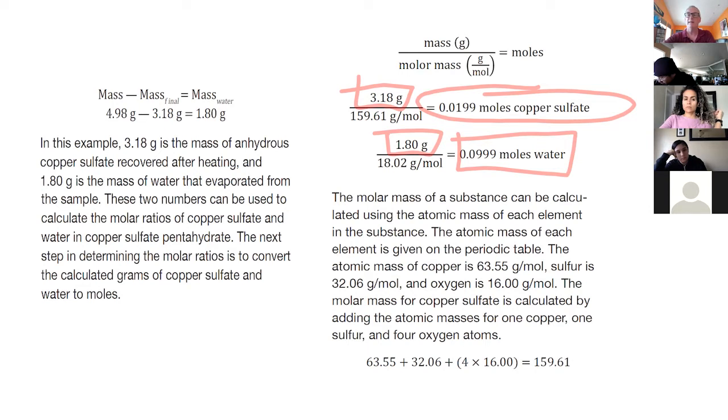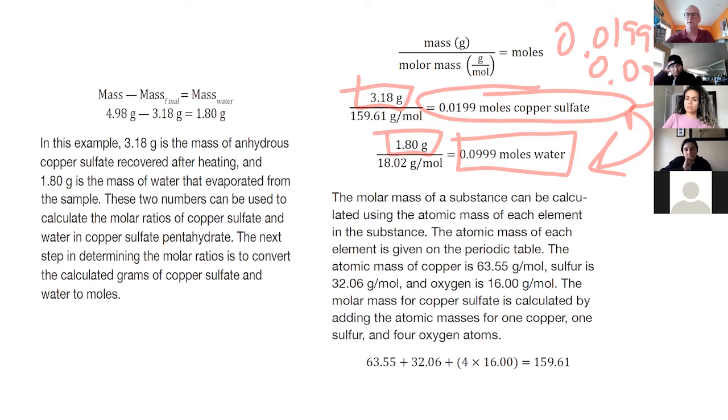So what would be our ratio between these two? We have 0.0199 moles of the copper sulfate, and we have 0.0999 moles of water. What's that ratio? It's going to be more water than salt, so we would put the water on the top and the moles of copper sulfate on the bottom.